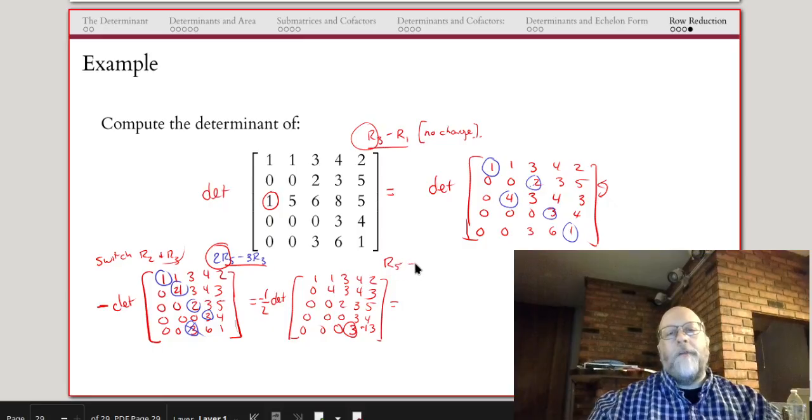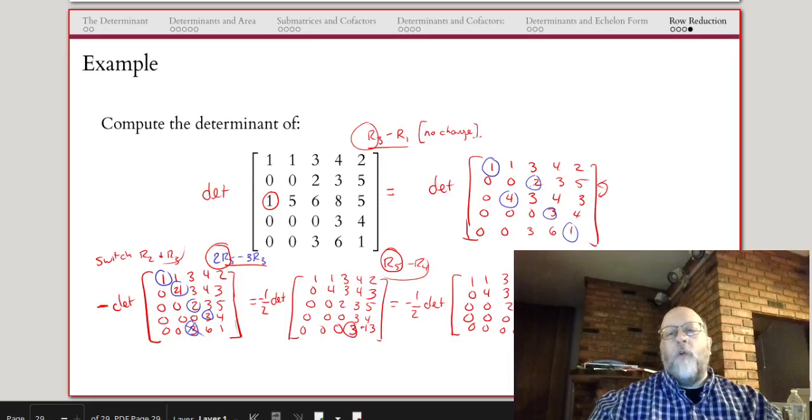I'll say row 5 minus row 4. Three minus 3 is 0. Negative 13 minus 4 is negative 17. What effect did this have on the determinant? Since we were changing row 5, there is no change, but we still have a negative 1/2 from previous steps.